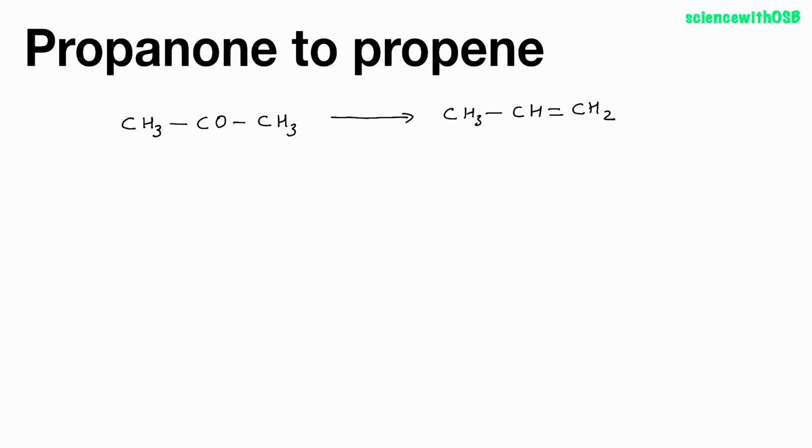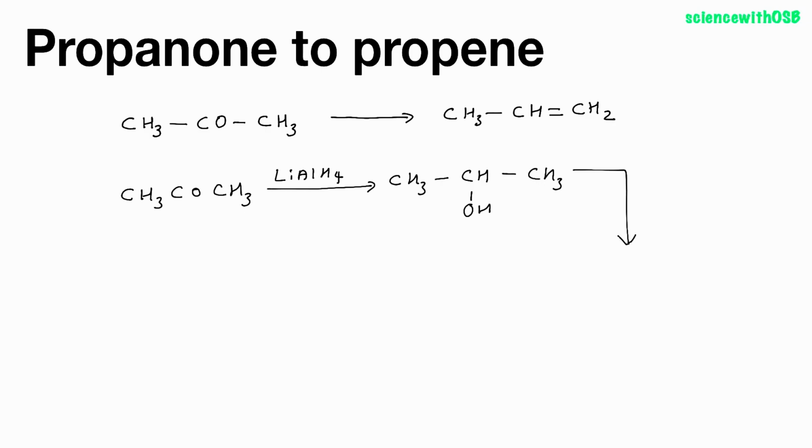We can try, right? So we start with propanone, CH3COCH3. We are using the reducing agent LiAlH4, and what are we getting? A secondary alcohol, CH3CHOHCH3. Now what do we have to get?